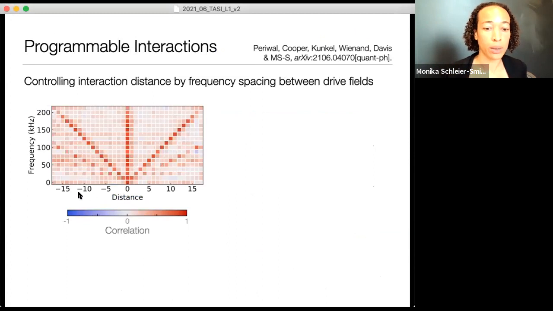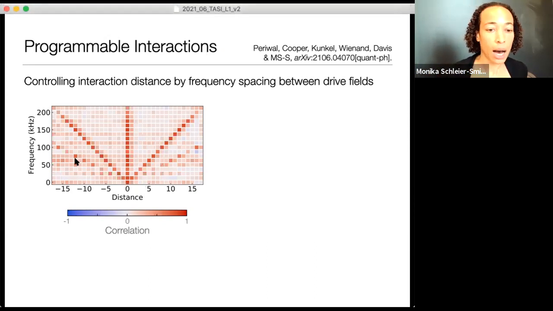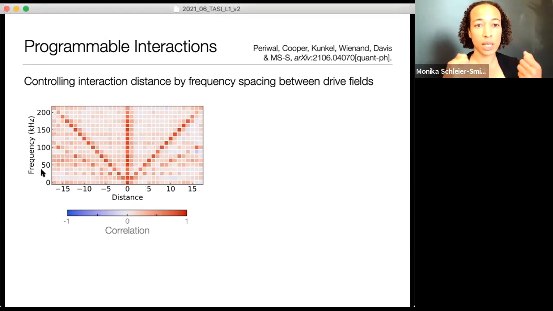So here's a plot where each row is showing correlations versus distance. I've taken that 2-dimensional plot and collapsed it to show the correlation between population of +1 atoms on a given site and population of -1 atoms a specified distance away. The vertical axis is the frequency with which we modulate our laser. You can see that just by changing that frequency, the distance at which we observe these correlations tracks.